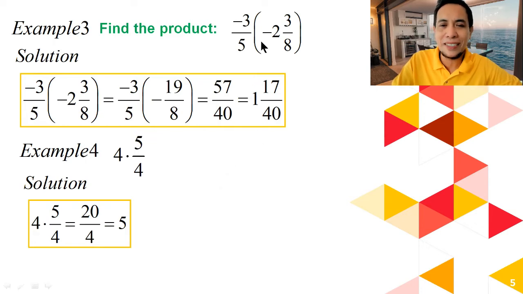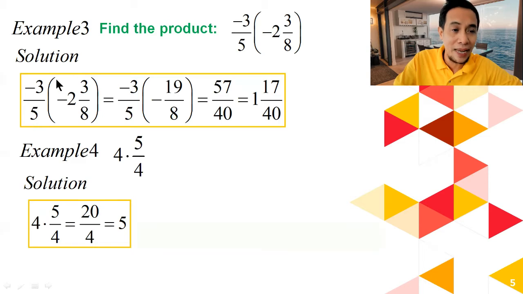So we can expect that our final answer would be positive, because we are multiplying two negative numbers. The fraction is negative 3 over 5, and negative 2 and 3 over 8 is a mixed number. The solution: negative 3 over 5 times, in parentheses, negative 2 and 3 over 8.